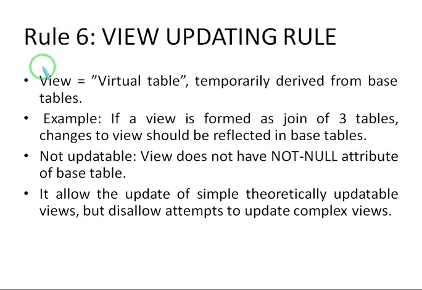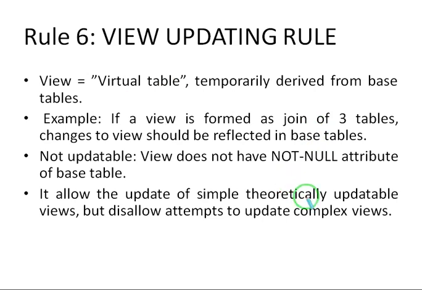So the sixth rule is the view updating rule. Now your RDBMS must support the virtual table. If a view is formed as a join of three tables, changes to the view should be reflected in the base table. Dear student, a view can be created from a single table or from multiple tables.